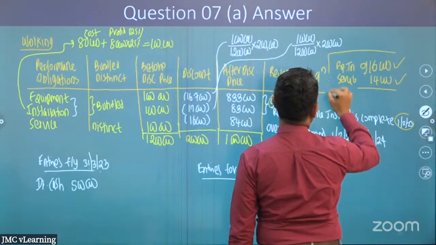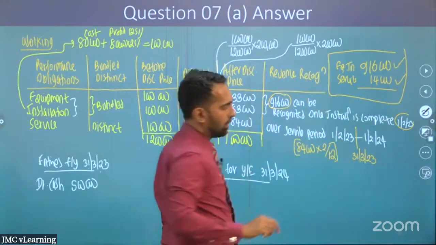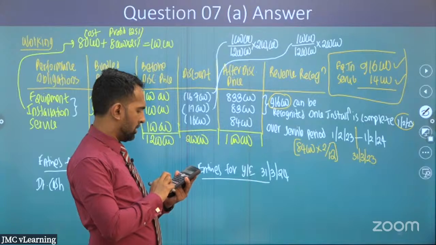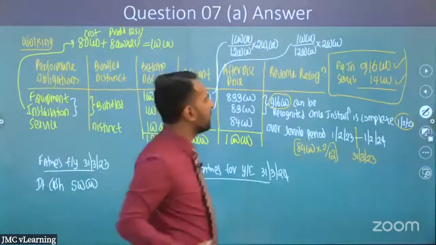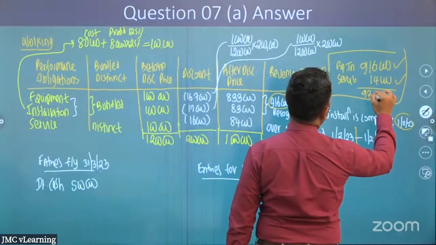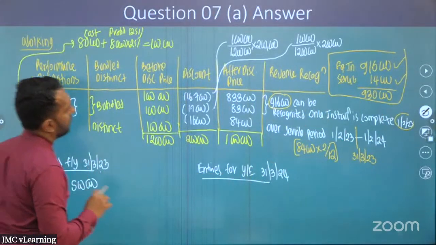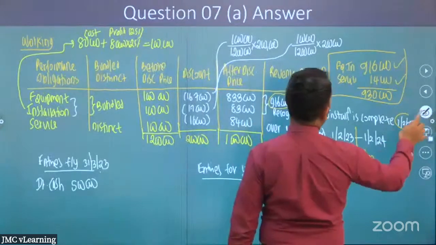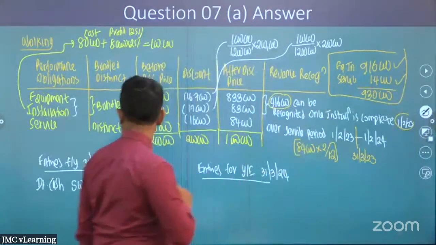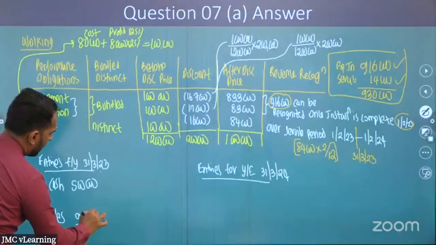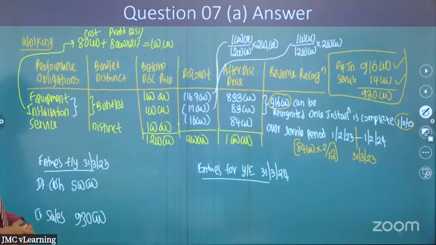So in the first financial year you can recognize 930,000 as sales. So you can recognize 930,000 for the first year, credited to sales 930,000.